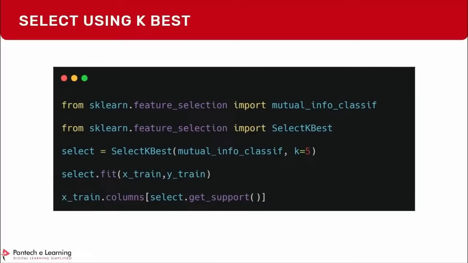So to do that, you can take from sklearn.feature_selection, you can import select k best. See the capital and small letters there. You can create a selector object with select k best directly. Here, if I pass mutual_info_classif, that will be used.